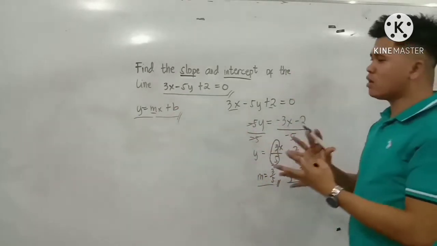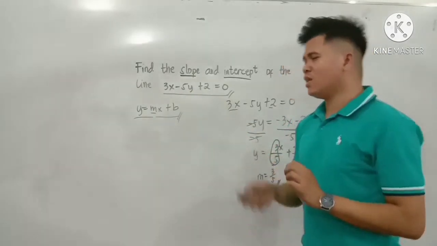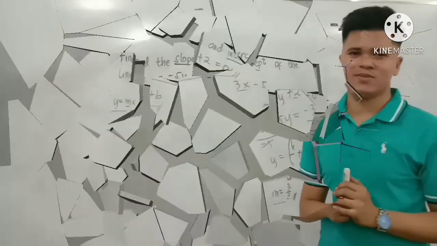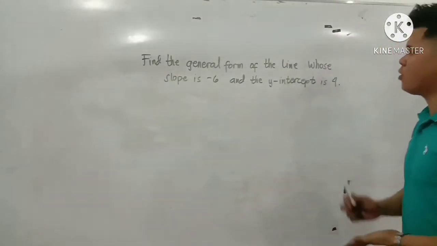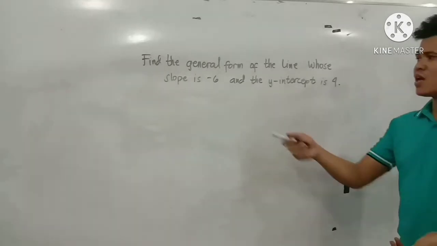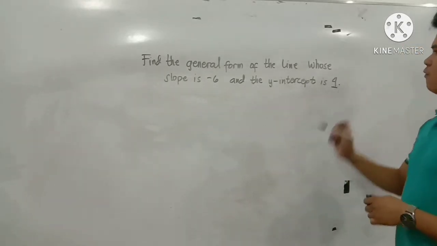Then we evaluate, then we have the linear equation. So without further ado, let's study this given example. How about this one? Find the general form of a line whose slope is negative 6 and the y-intercept is positive 4.